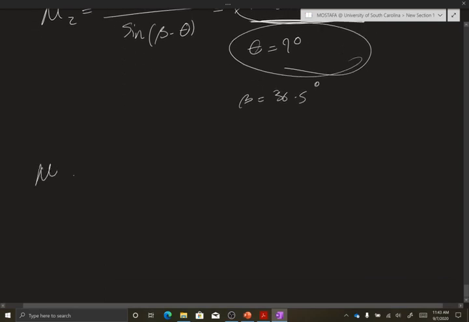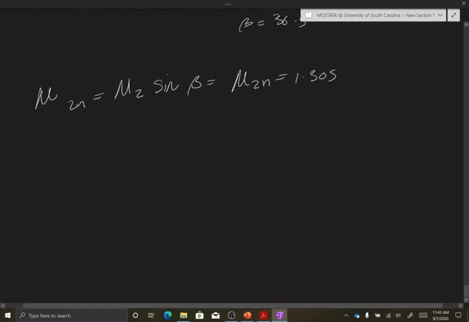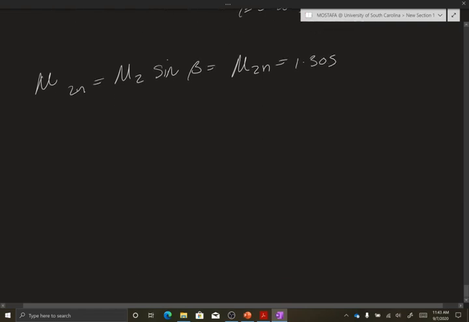So using that, we can find the normal to the shock component of the Mach number in the second region, M2 sine of beta. Plug all the values in, you can get M2n to be 1.35. And then you take this value to the normal shock tables, and you can find the M3n to be 0.7860.